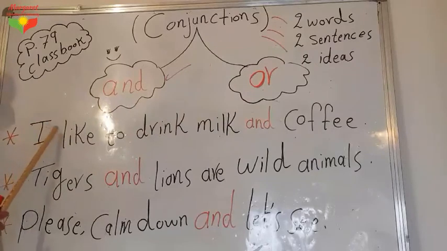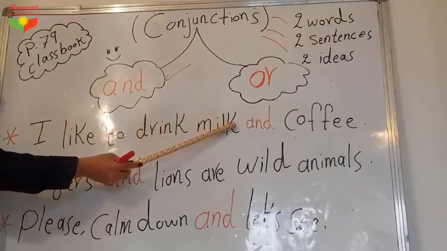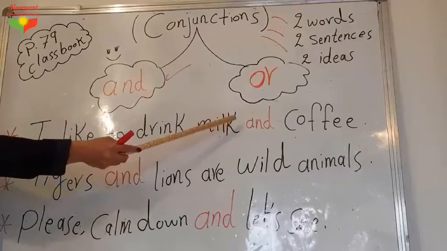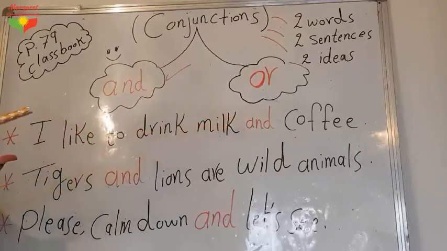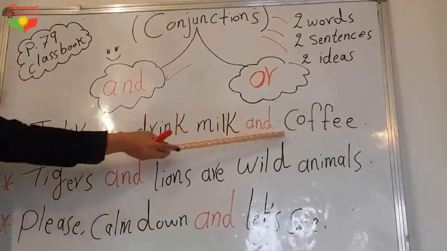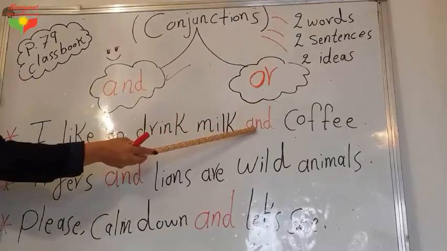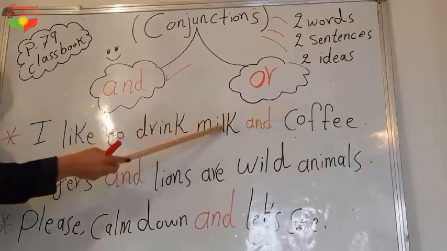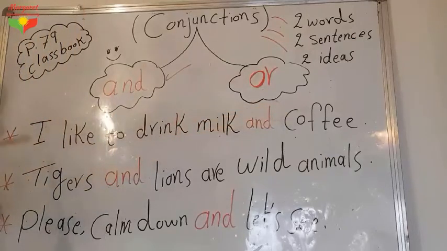If you say, I like to drink milk, and put a full stop here, you can say "and" is like addition, when you add something to a sentence. So we added coffee by using this conjunction, which combines these two words together.